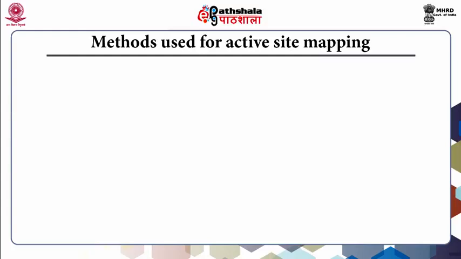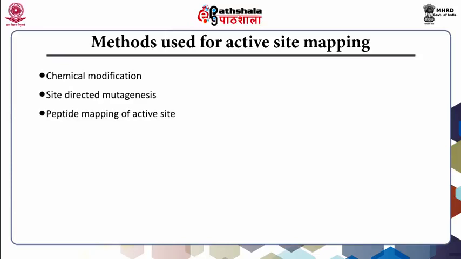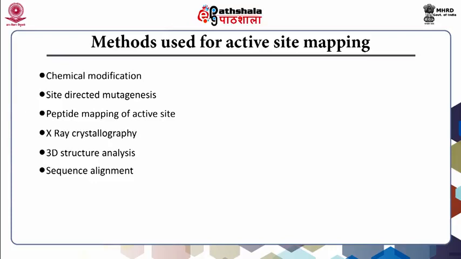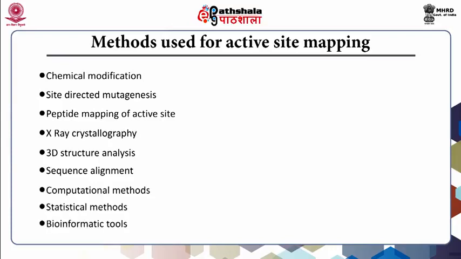Few and important methods are discussed below. Now we will look at the following methods used for active site mapping: chemical modification, site-directed mutagenesis, peptide mapping of active site, X-ray crystallography, 3D structure analysis, sequence alignment, computational methods, statistical methods, and bioinformatic tools.